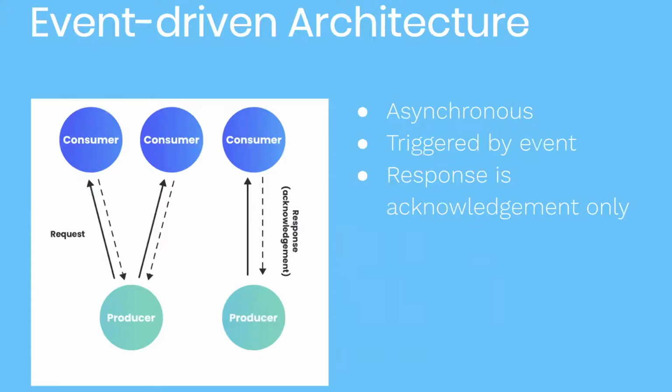One, it's asynchronous in that the client is no longer waiting for the server to send back some information. The server, the event producer, is actually just pushing data to the consumer in response to an event, and it doesn't need a response to continue with its execution.